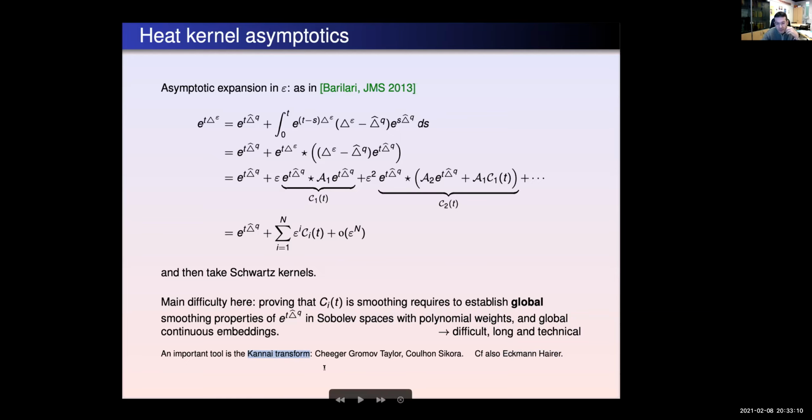And from that, and thanks to a trick developed years ago by Cheeger, Gromov, and Taylor, also much improved by Coulhon and Sikora, thanks to Phragmén-Lindelöf arguments, we can indeed derive the desired global smoothing properties. But this is not easy to do.